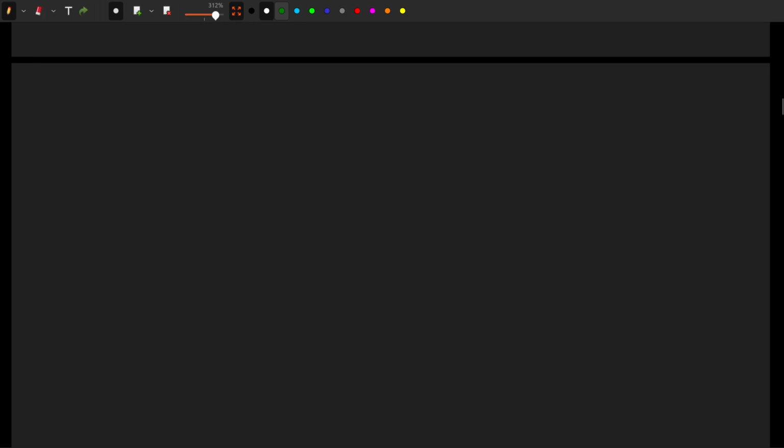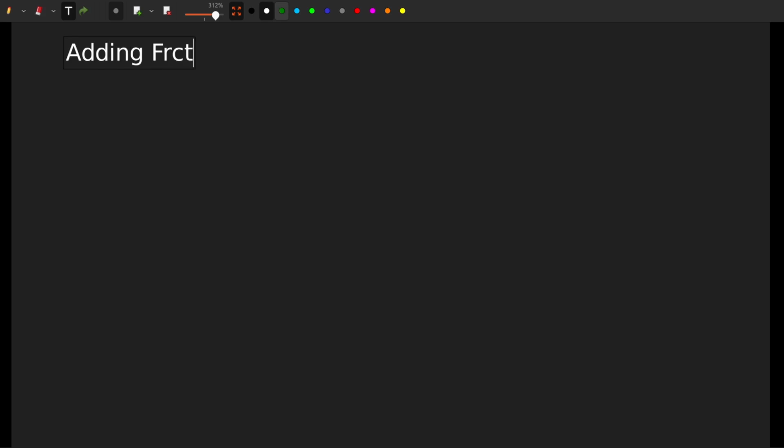Okay, so now we're going to move on to adding fractions. Now, adding and subtracting fractions takes quite a bit more work than multiplying and dividing. So bear with me here, but adding and subtracting fractions is going to be a little bit longer than you would think. Okay.